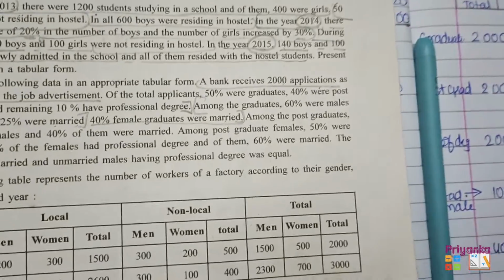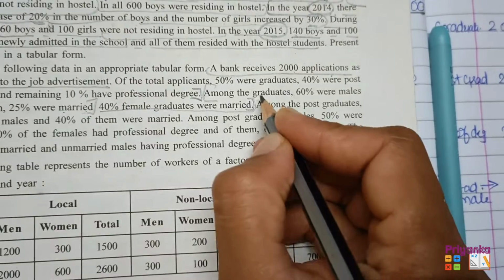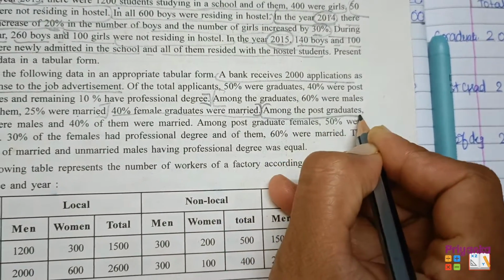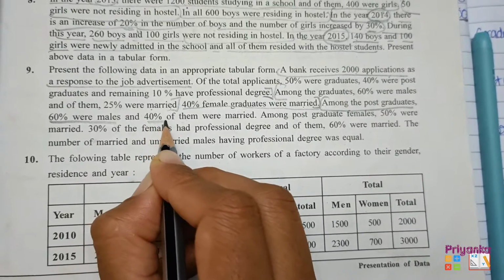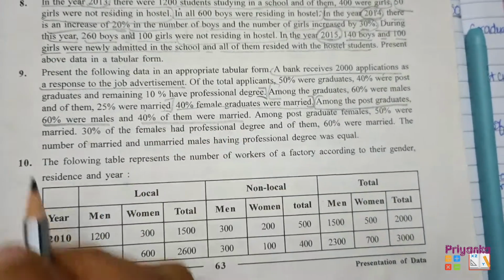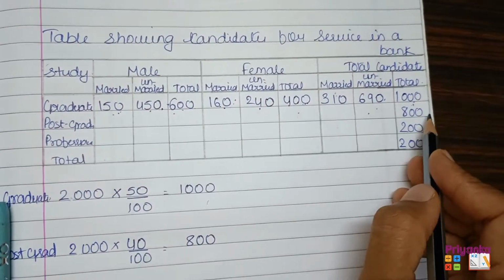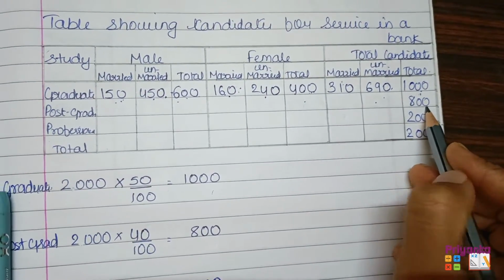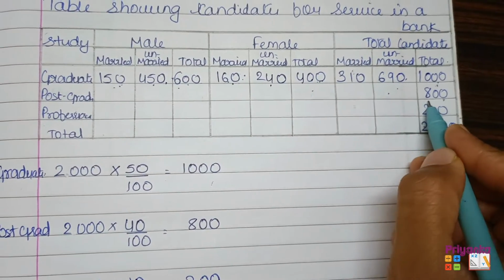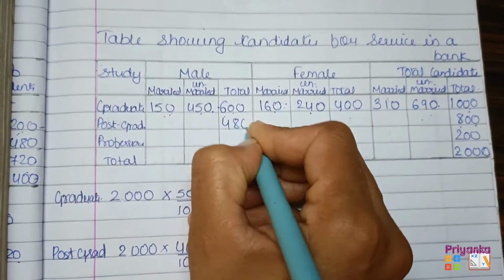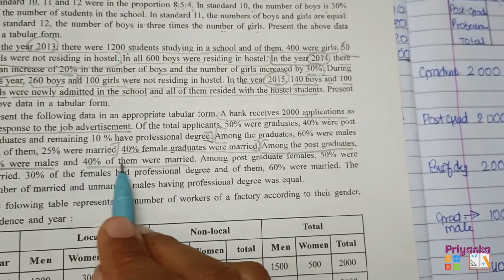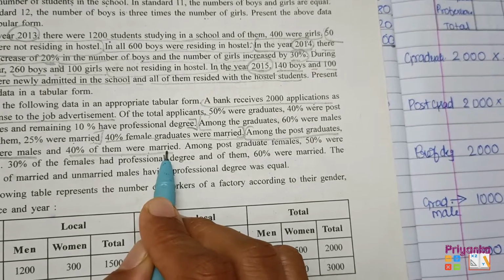Now let's start with the postgraduate. Among the postgraduates, 60% were male and 40% of them were married. So first of all, take 60% of postgraduate, that is 60% of 800. 60% of 800 is 480, the number of male in postgraduate, and 40% of them were married.